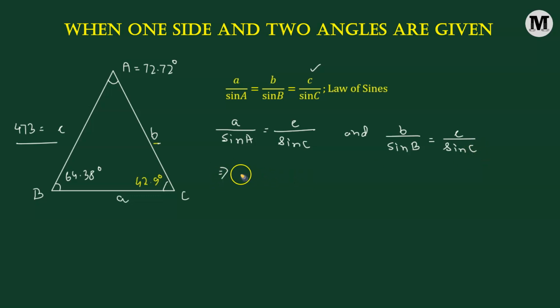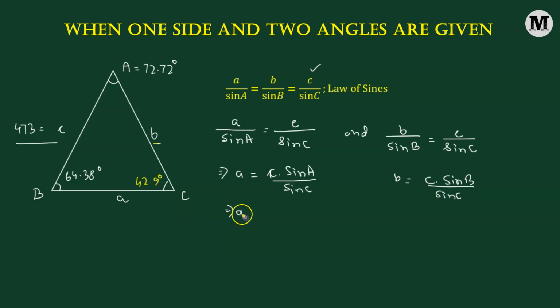This means that a equals c times sine A divided by sine C, and b equals c times sine B divided by sine C. Since we have angle A, angle C, as well as the length c, we can plug this into our calculator.